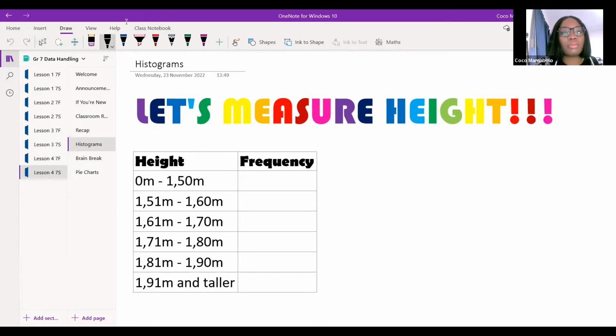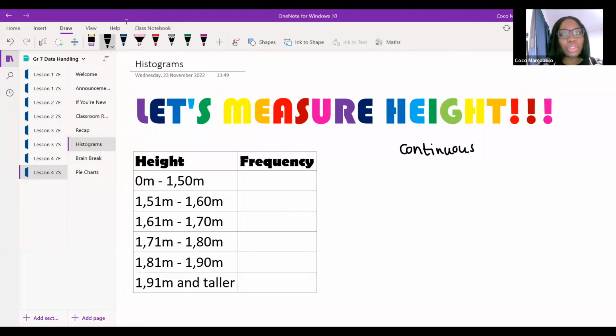I say it is continuous data, because continuous data is data that can be made into more and more pieces, and this is measurements.